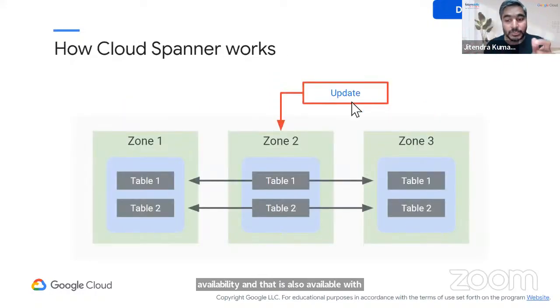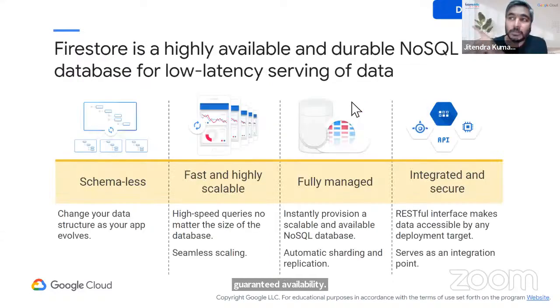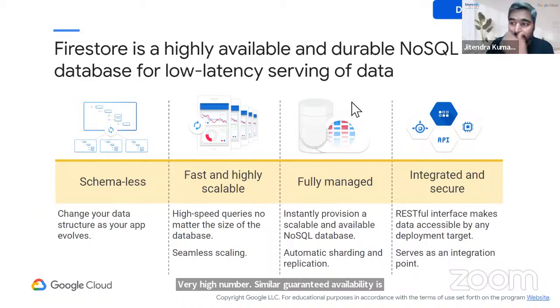Something that I missed to tell you, but remember, with Spanner, what you get is 99.999% of guaranteed availability. Very high number. Similar guaranteed availability is available with Firestore also. 5 nines of guaranteed availability, right?